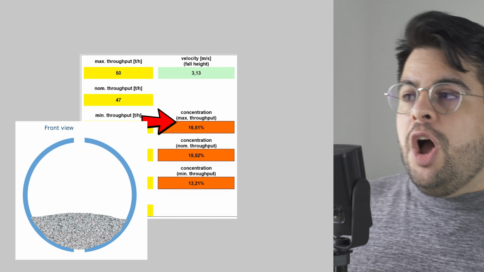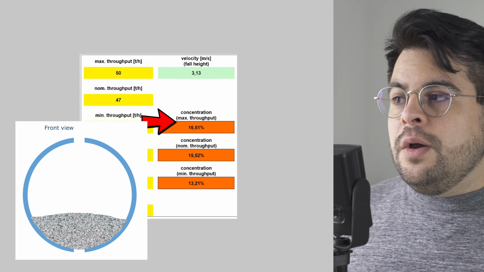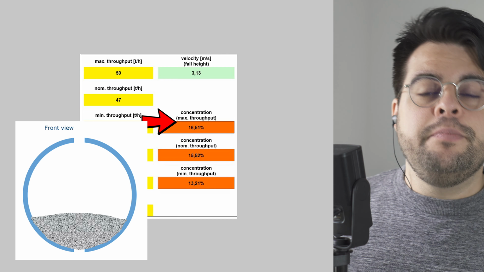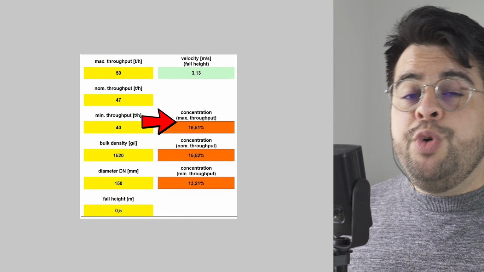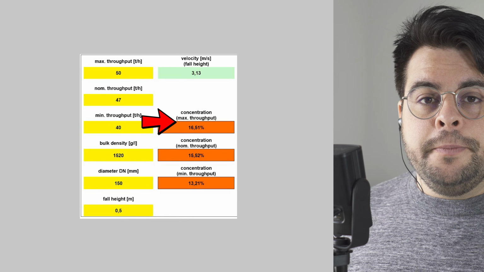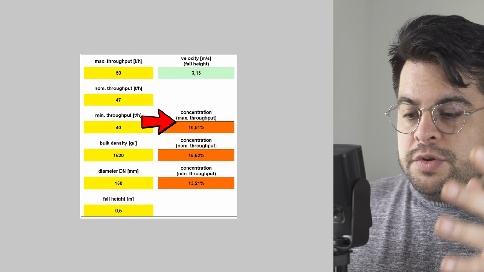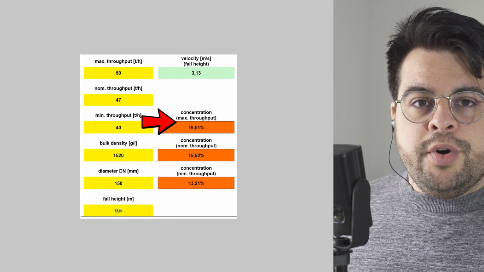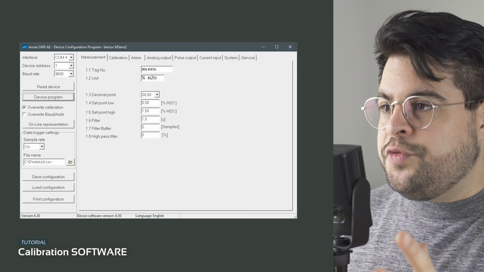In other words, on 50 tons an hour, on a DN150, we're gonna have 16.51% occupied. So it's a pretty safe application to do. No worries about clogging material, stopping the flow, stopping the process. It's a safe application.